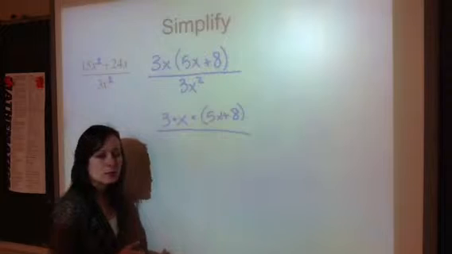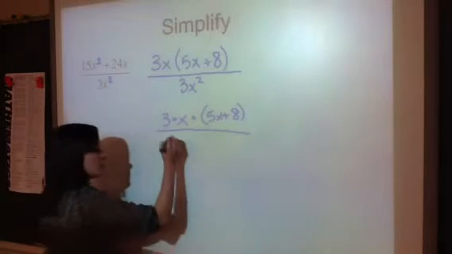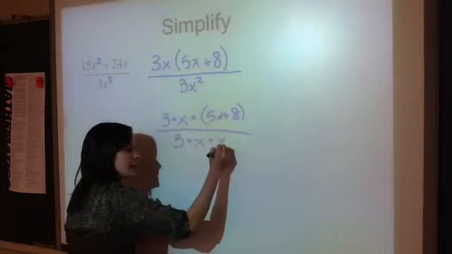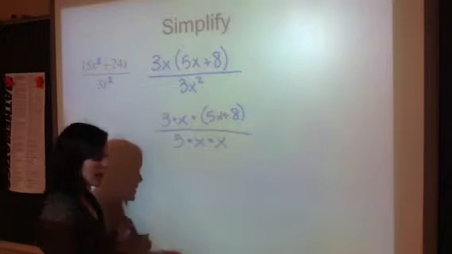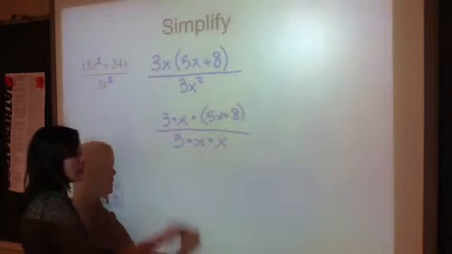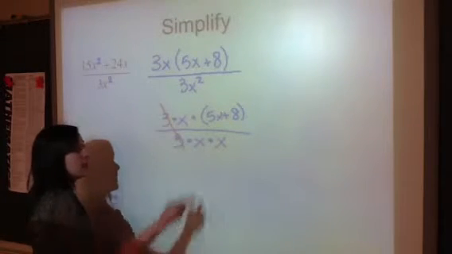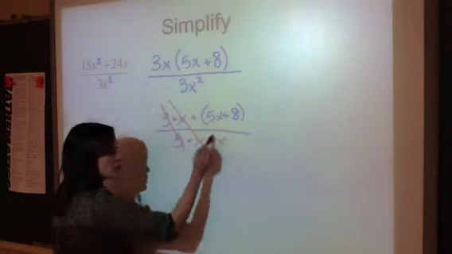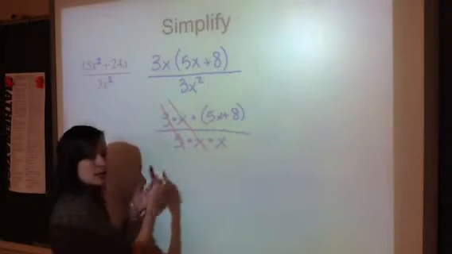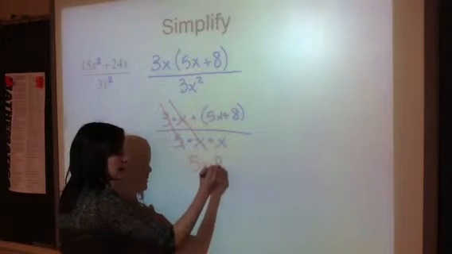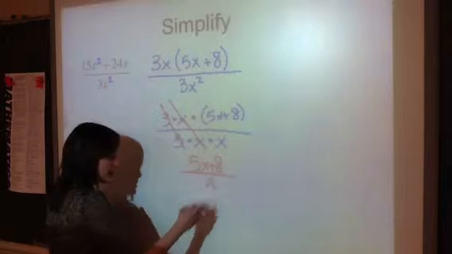How would I break 3x squared? 3 times x times x. So now, do you have something that's the exact same on top as is on bottom? You should say the 3's and 1 x on the bottom. You're still left with that x because it didn't have anything to match with it. So on top, you got 5x plus 8, and on bottom, you have x.